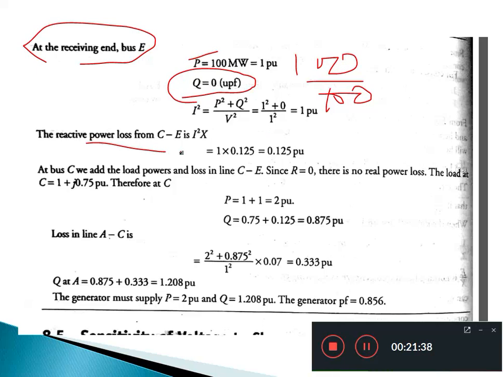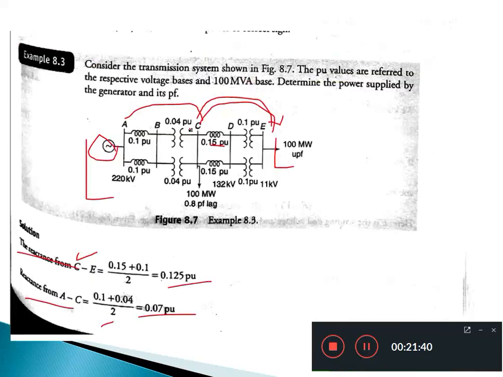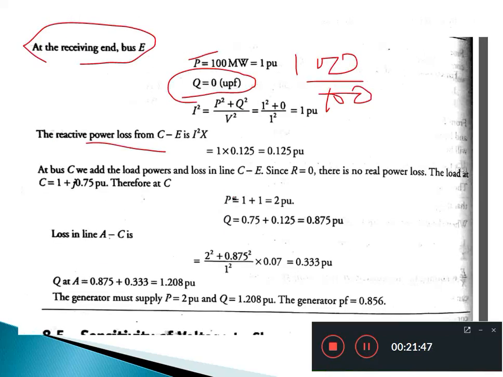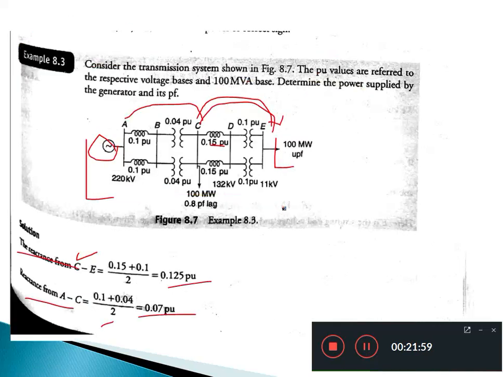At that point C, at this junction, you have to find the values of the corresponding reactive power. So we get P equal to 1 plus 1 per unit, C equal to 1 plus j0.5. As if the load is 1 plus j0.75, that is 0.8 megawatt.